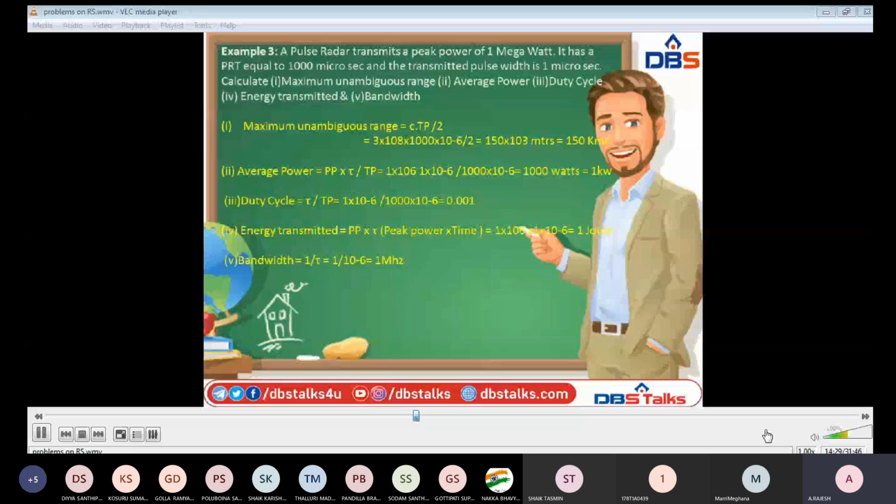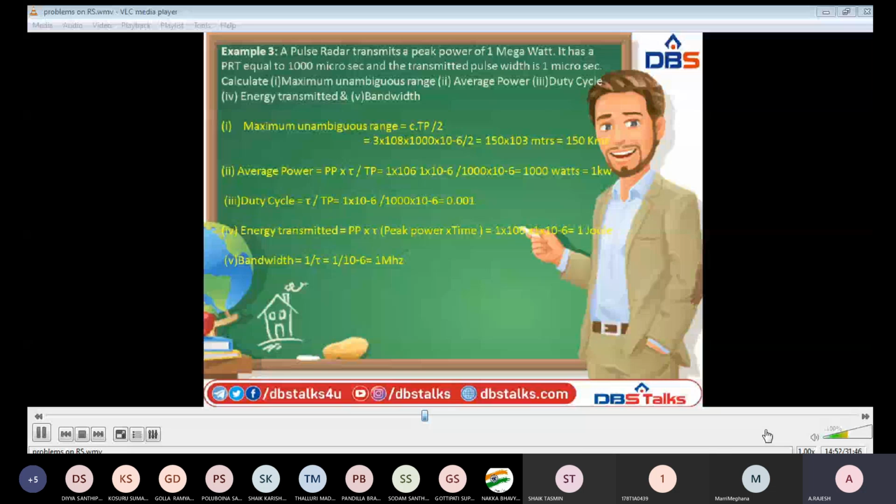The next one is we need to find out the duty cycle. Duty cycle is equal to tau by TP. Tau is equal to 1 into 10 to the power of minus 6 by 1000 into 10 to the power of minus 6, which will be equal to 0.001.